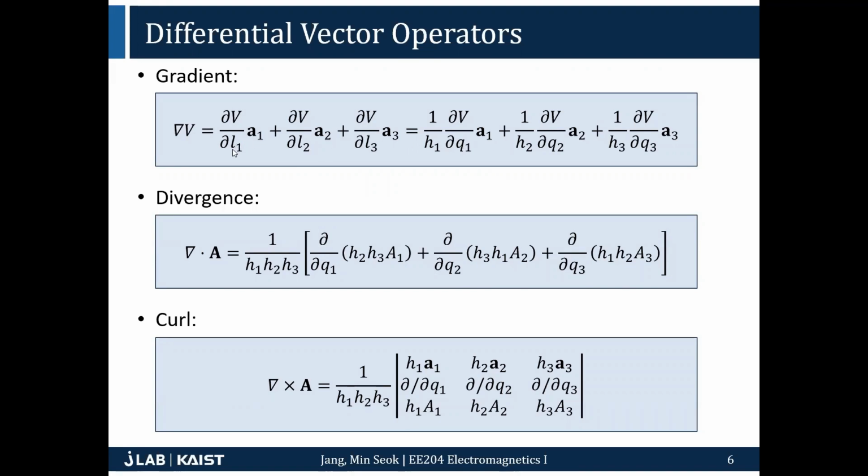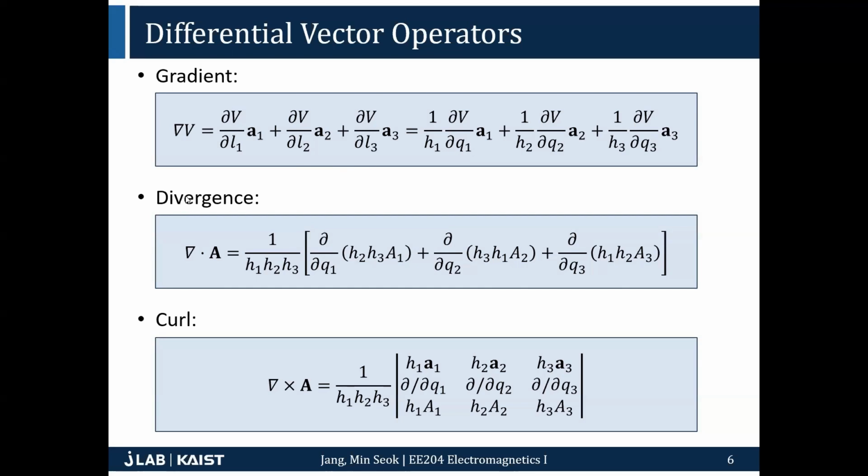So dl1 is h1 dq1, right? So you can just write it like this. If q1, q2, q3 were like r, theta, phi, then h1, h2, h3 should be determined accordingly. So that would be the definition of the gradient, which is easy, not too much different.